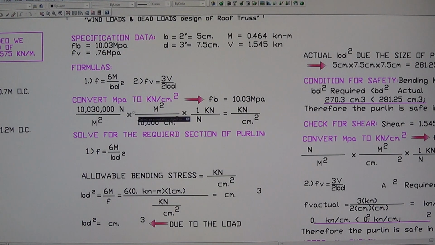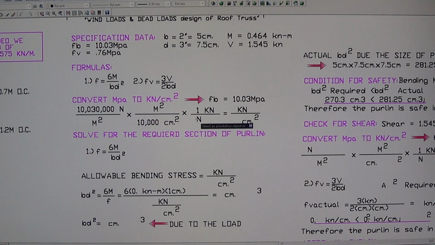Now the meter cancels, and centimeter is left. Okay, now since this is in Newton, we have to convert it to kilonewton. So Newton here as numerator, you multiply it. First you have to look at which one you want to cancel and convert.